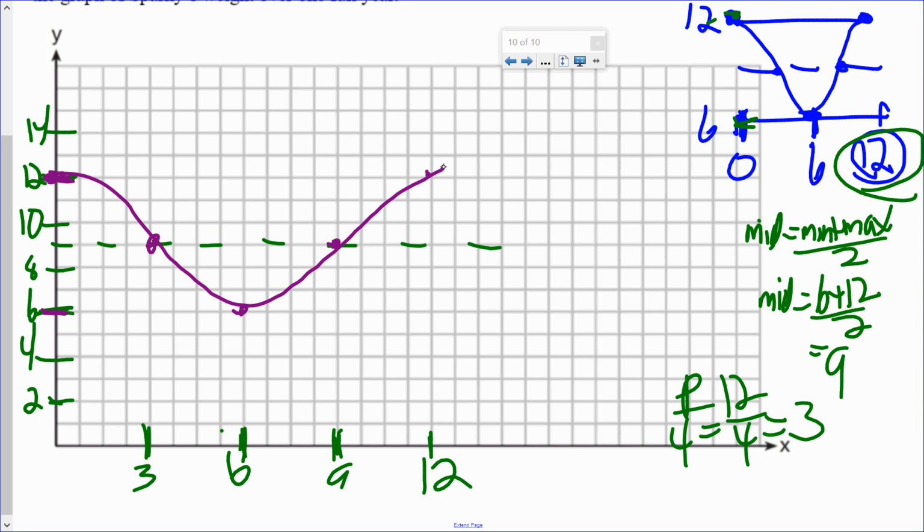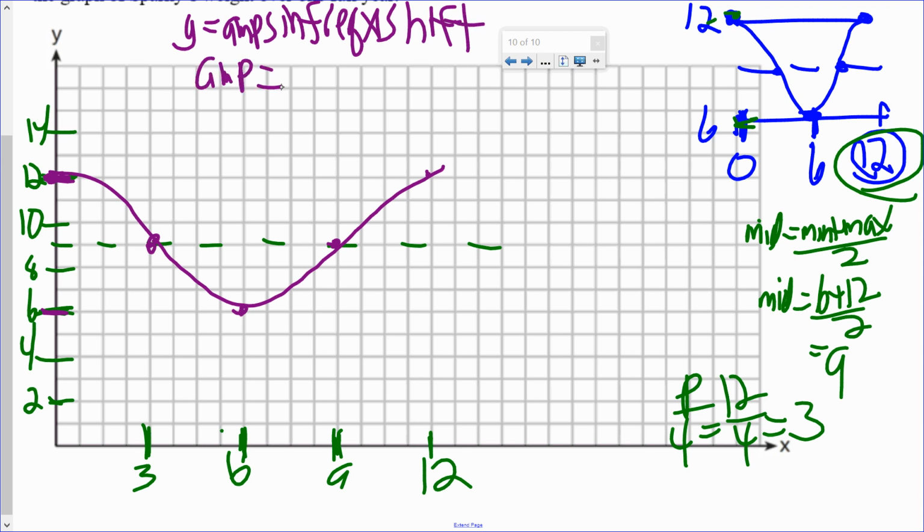Now it wants an equation. Well, y equals amp sine freak x shift. Amp sine freak x shift. Such a great song, isn't it? Amp is the distance from the midline to the max, or the min, from 9 to 12 is 3.